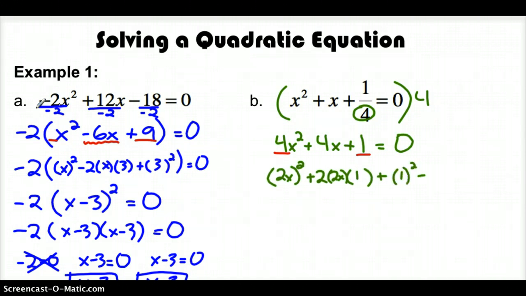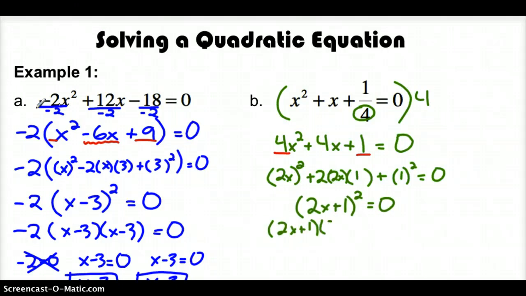I've proved that it falls into our pattern, so I can write this as 2x plus 1 squared equals 0. Now I'll write it as 2x plus 1 times 2x plus 1 equals 0, and use the zero product property.